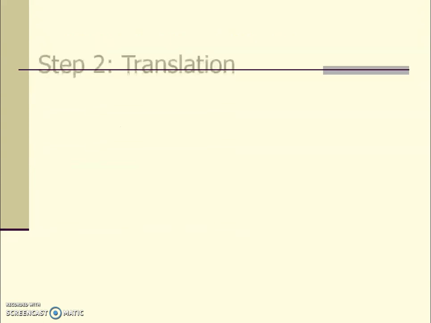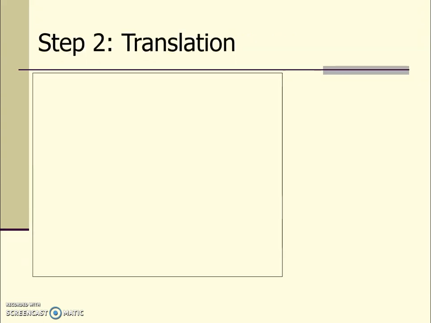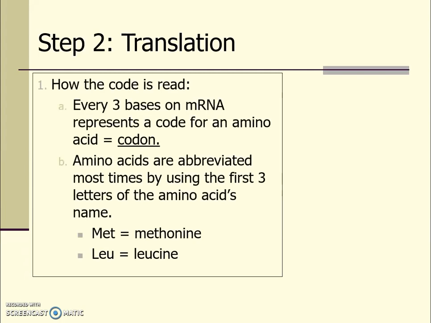So moving on to step 2, which is translation. In translation, it's basically coding. So now the mRNA, every 3 nitrogen bases become as one word, and we call it a codon. So amino acids are abbreviated in 3 letters, and each amino acid is complementary to a codon.